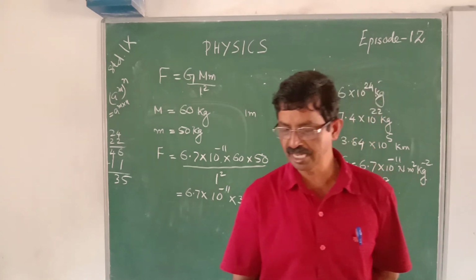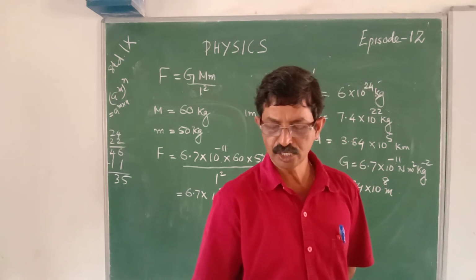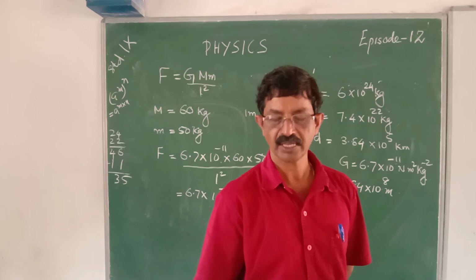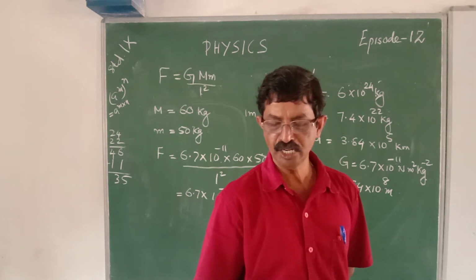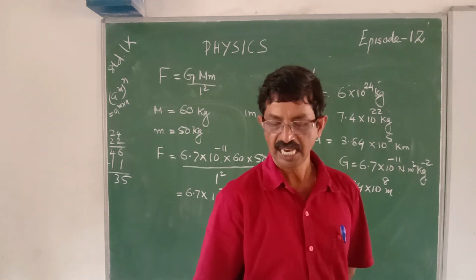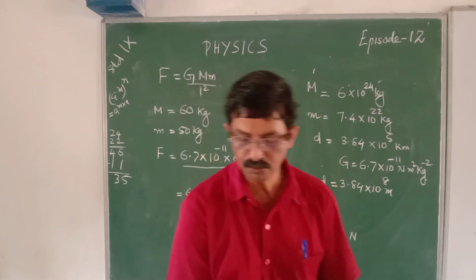And the second question given: write the formula to find the magnitude of gravitational force between the earth and an object on the surface of the earth. That formula you want to write.